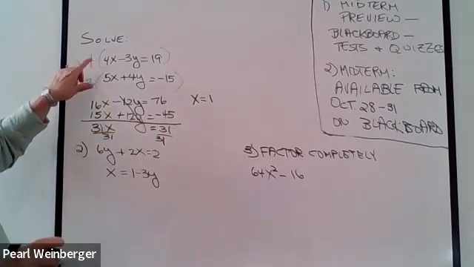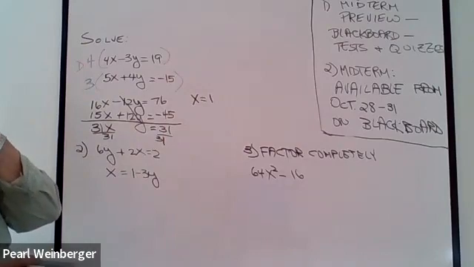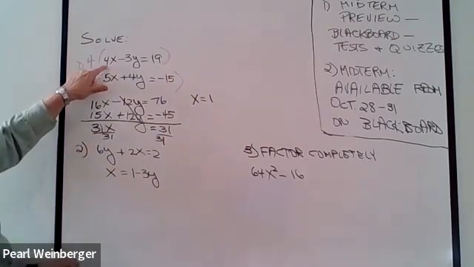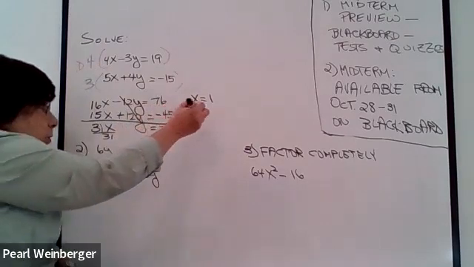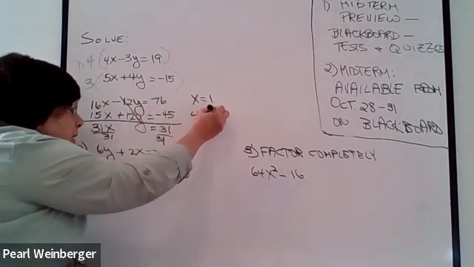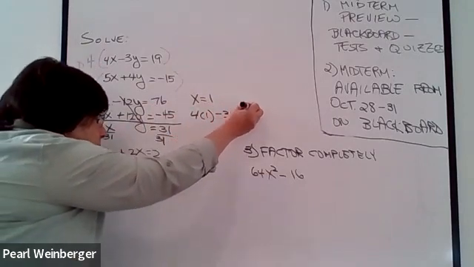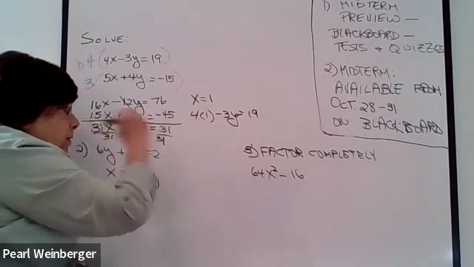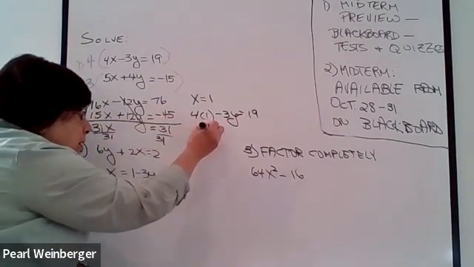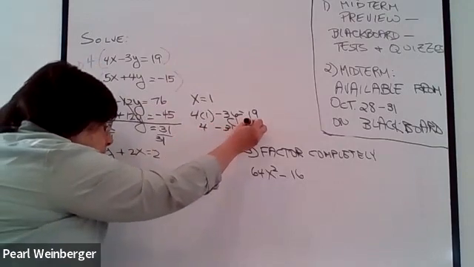Once we have what the x is equal to, we can take either one of the equations and replace the x with the 1. So let's try that first equation. We'll do 4 times 1 minus 3y equals 19. This will be 4 minus 3y equals 19.